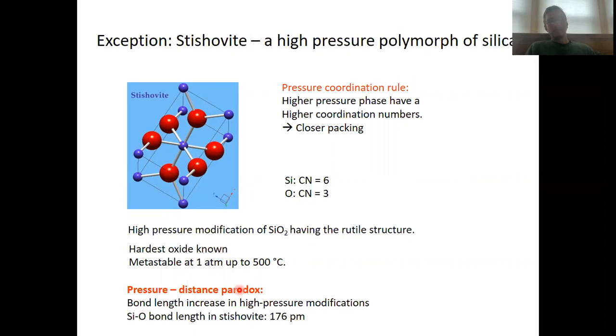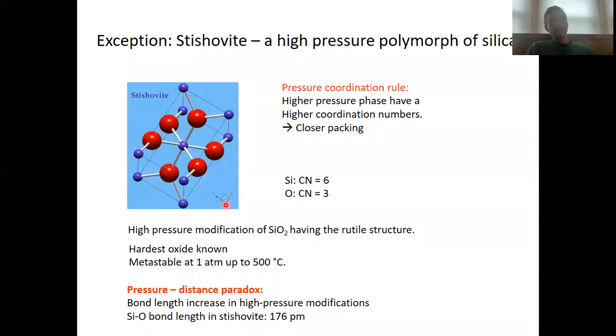However, it's not really a paradox when you consider that the coordination number has increased in Stishovite in comparison to other forms of SiO2. So overall, we still have a denser phase despite the higher bond length, just because the coordination number increases.